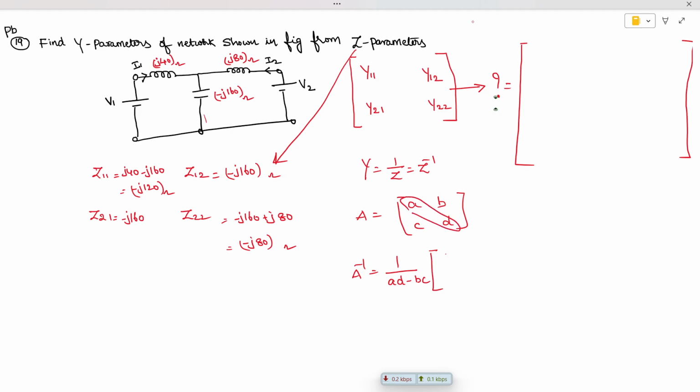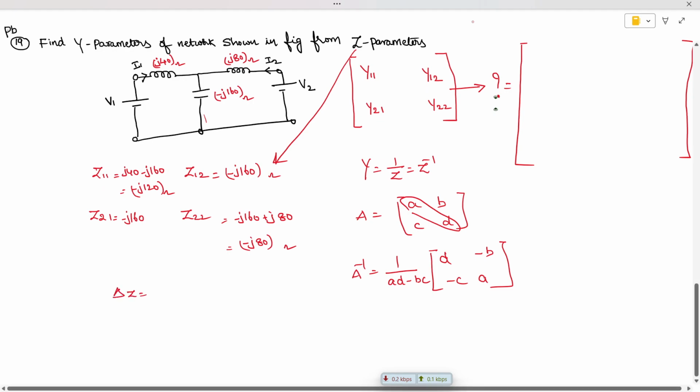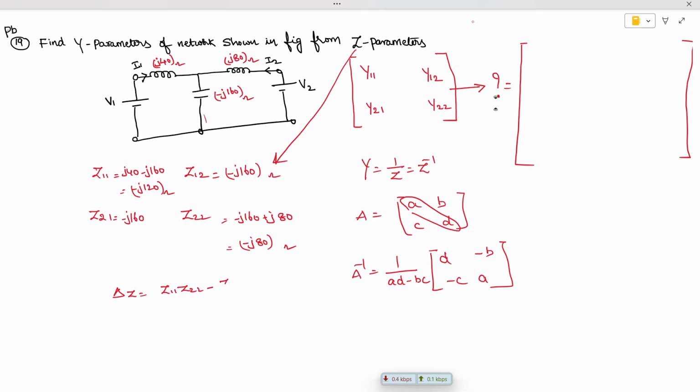So here you will get D, here you will get A, and here you are going to get minus B and minus C. So this is what we want to find out. So from here we need to find out y11, y12, y21. So first you have to determine delta z. So delta z is nothing but z11 z22 minus z12 and z21.